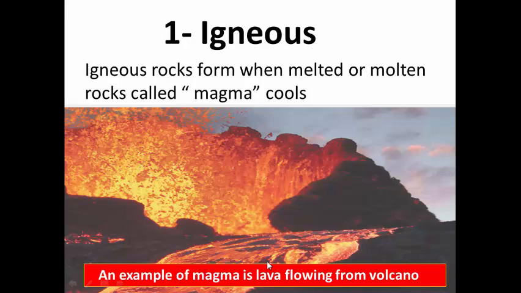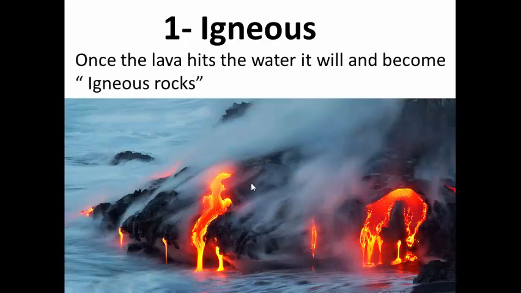This magma is lava. One example of magma is lava flowing from a volcano. Here, I have a lava, and this is water. When this lava hits the water, it will cool. When it cools, it becomes what?